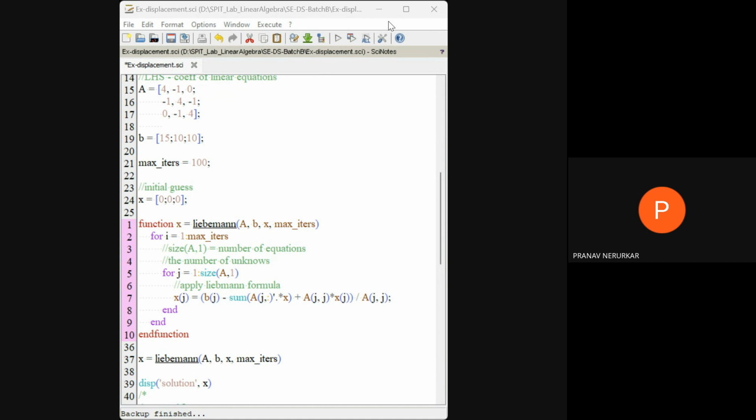Now you can see that it satisfies the linear equations. Then you can try to prove that this system of linear equations will be solved if the four unknowns are 1, 2, minus 1 and 1.